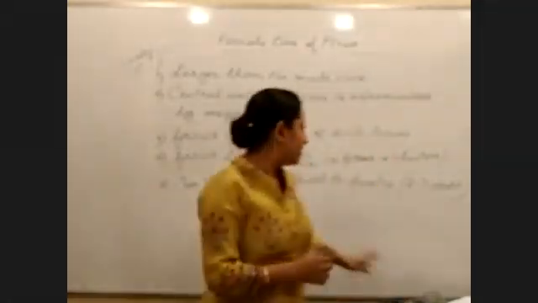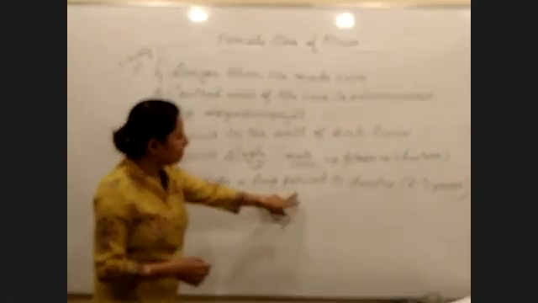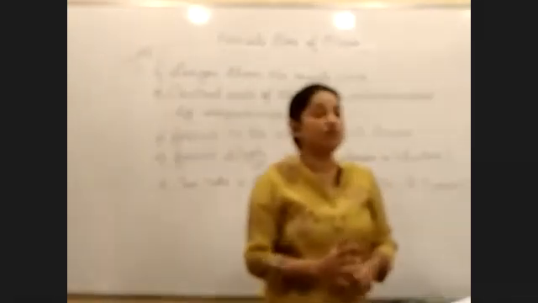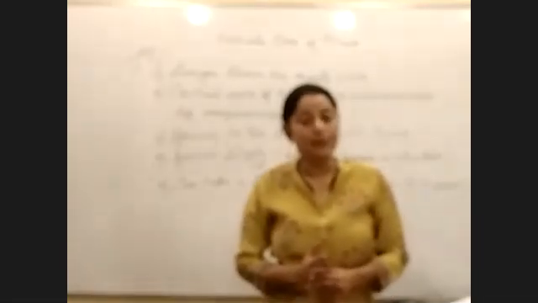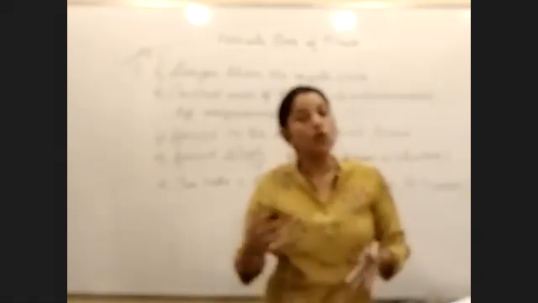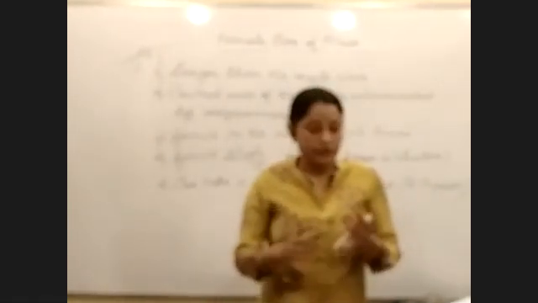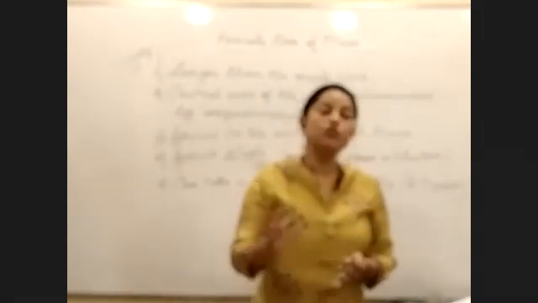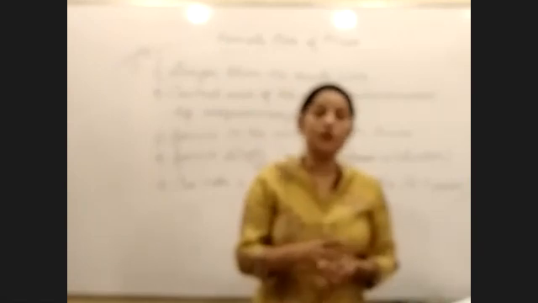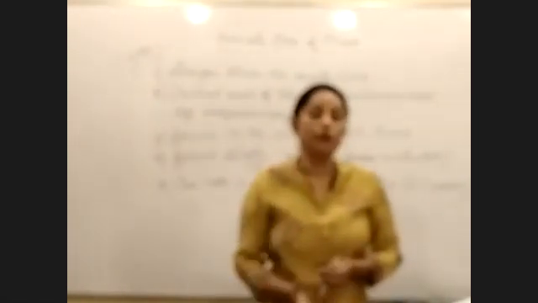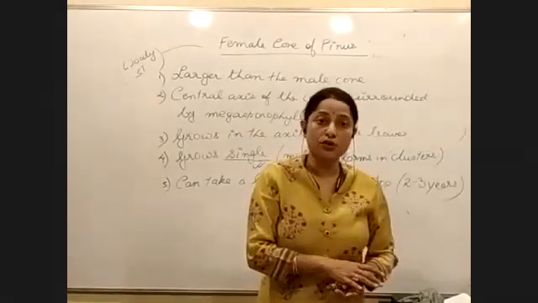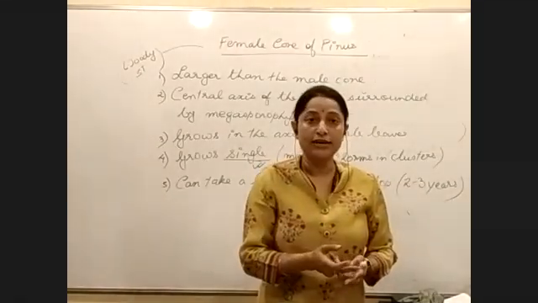But how much time does the female cone take to develop? For development it takes 2 to 3 years. So it takes a longer time to develop, and later we will see that after pollination, fertilization also takes a lot of time. First, the female cone takes a lot of time to form and mature.